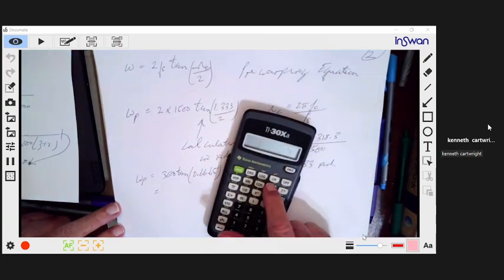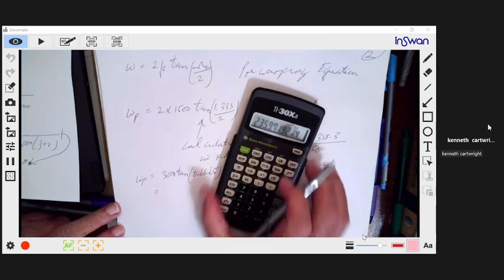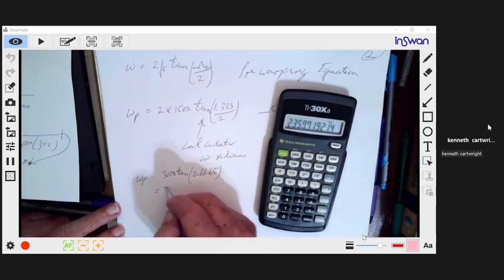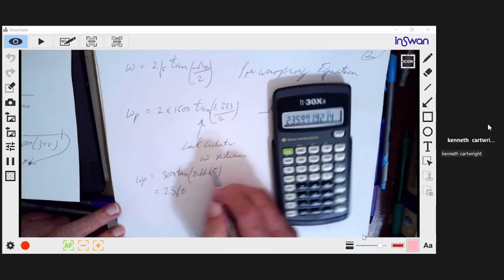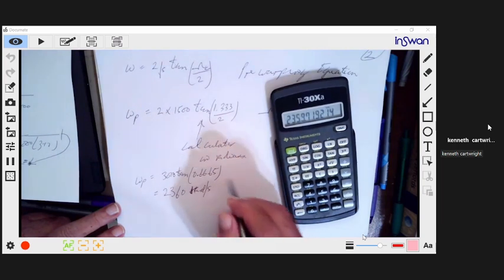So we take the tan of that and multiply it by 3,000, and we get 2360 radians per second.